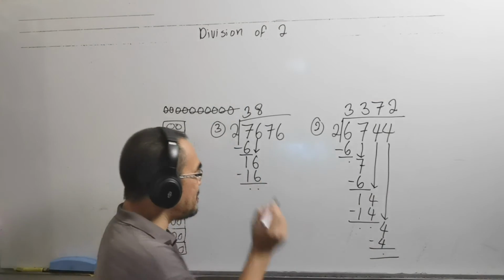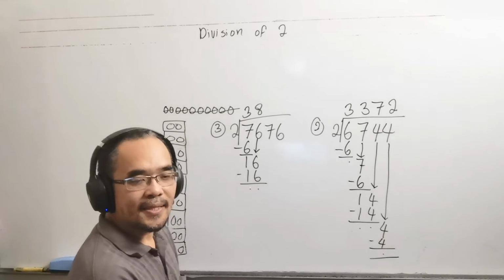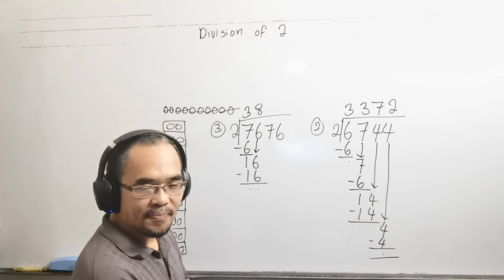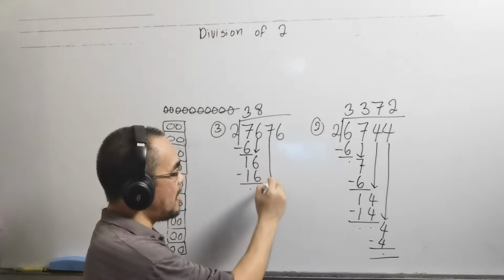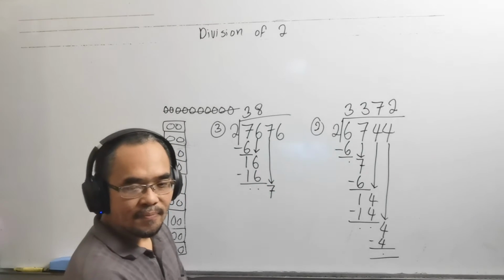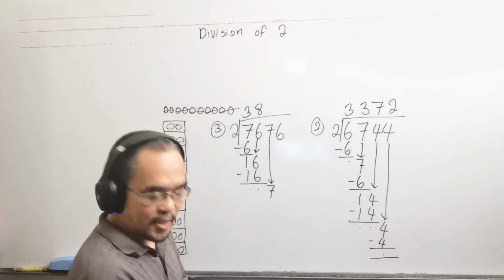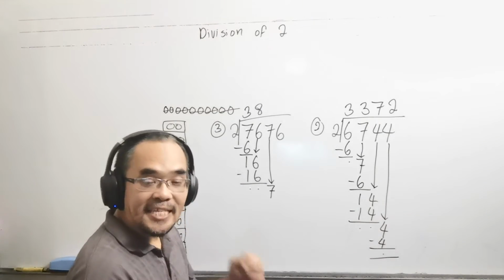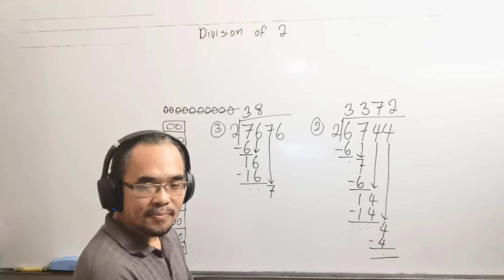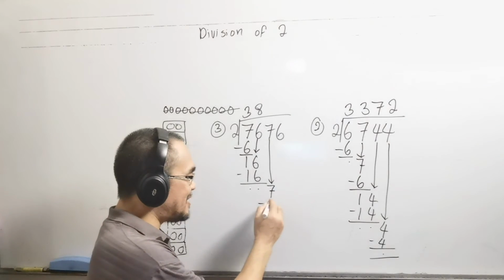The 2 dots, because the answer is 0. So next, what is the next step? Down. No, not necessarily 7. Is there any 7 in multiplication of 2? 6.